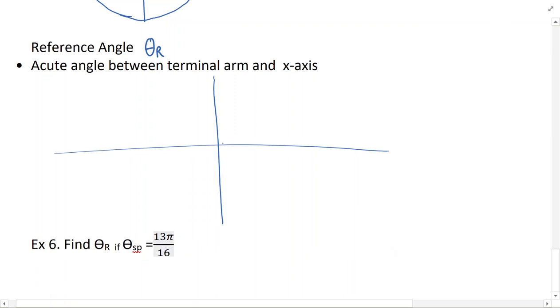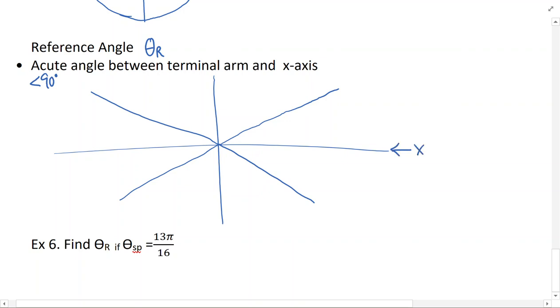So terminal arms can be in all quadrants. Okay. So here are basically 4 terminal arms. And the reference angle is an acute angle. An acute angle is any angle that is smaller than 90 degrees between the terminal arm and the x-axis. So this line here is the x-axis, okay?